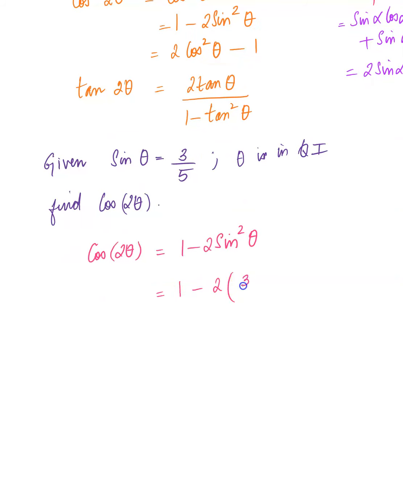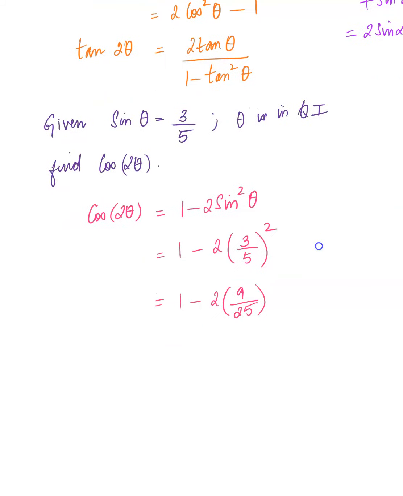Sine theta is given to be 3 over 5, so go ahead and square it. 1 minus 2 times 9 over 25, 18 over 25, equals 7 over 25. So cosine 2 theta is 7 over 25.